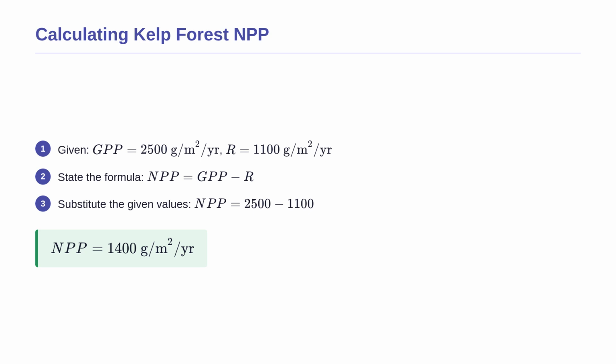By substituting these values into our equation, we subtract 1,100 from 2,500. This gives us a final value of 1,400. Physically, this means 1,400 grams of new, edible plant matter is generated annually per square meter to sustain the local food web.